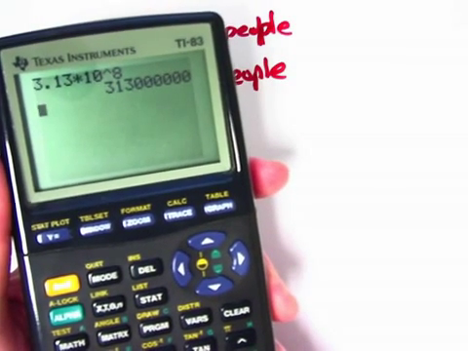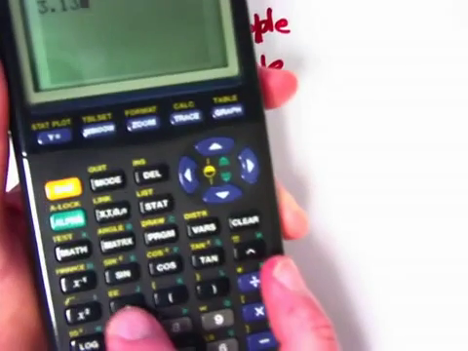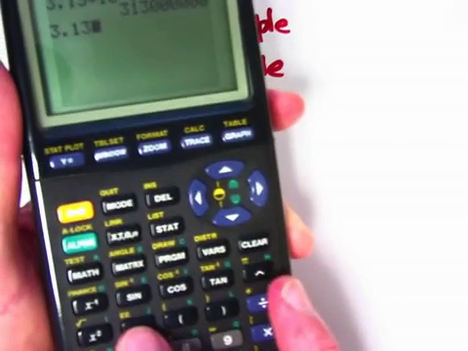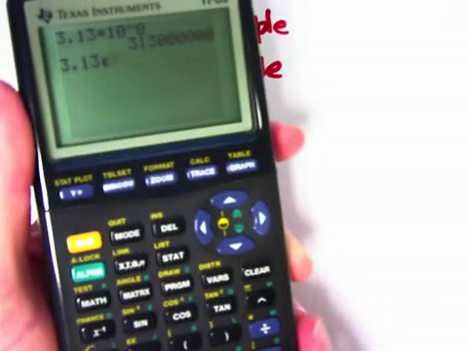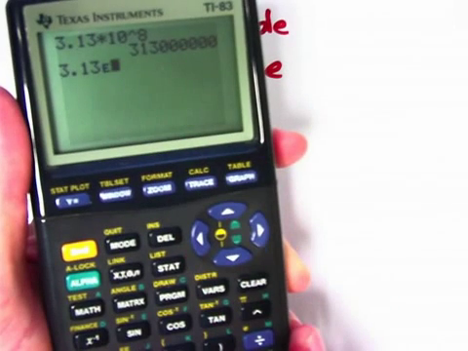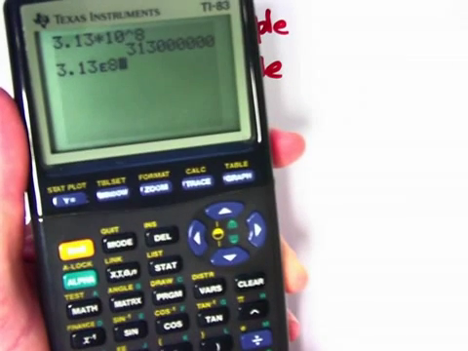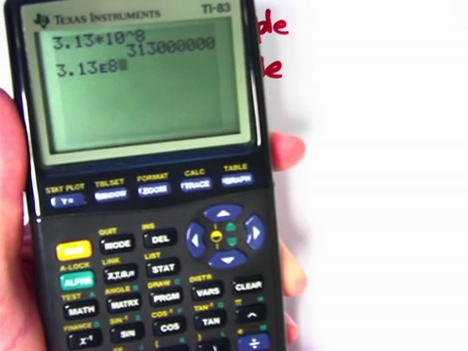Some calculators represent scientific notation in the following kind of way. On this kind of calculator, you see above the comma there, there's an EE. If I hit the second function and press that button, it makes one E up there. That E stands for exponent. If I type it in like that, it is representing it internally as 3.13 times 10 to the 8th power.